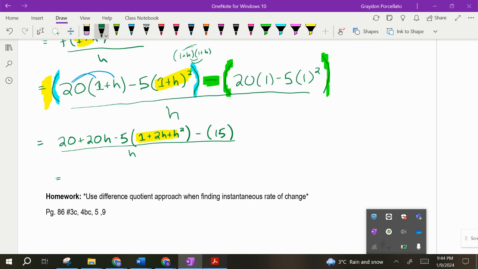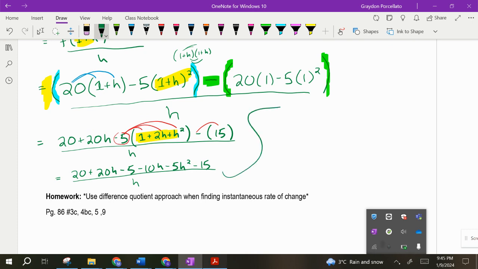Now I'm going to simplify. I'm going to multiply this negative 5 into this bracket. I get 20 plus 20h minus 5, minus 10h minus 5h squared, minus 15, all over h.